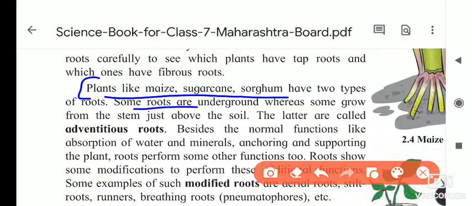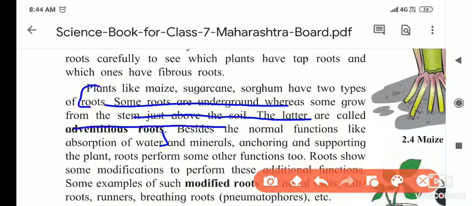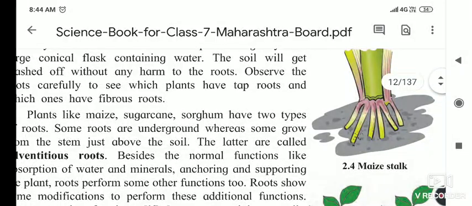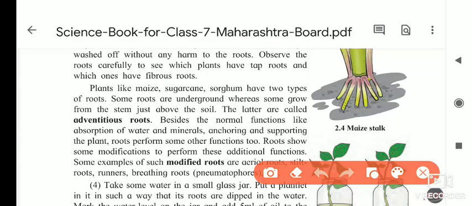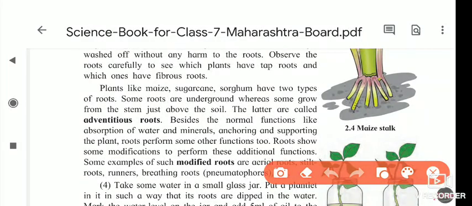Some roots are underground, whereas some grow from the stem just above the soil. The latter are called adventitious roots. So this is the definition of adventitious root, and here in the picture it is shown.